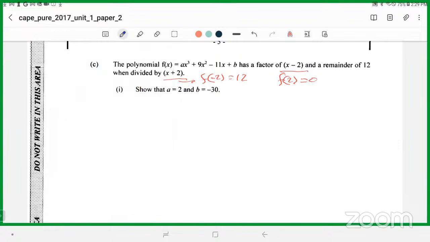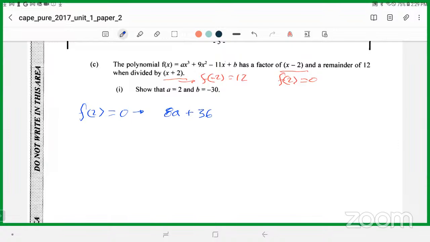So firstly, f of 2 equals 0 because that's a factor. So I'm going to plug the 2 in there for the x and put it equal to 0. So 2 cubed gives us an 8, so that is 8a. And then 2 squared gives us 4. 9 4s is 36, so we get plus 36.